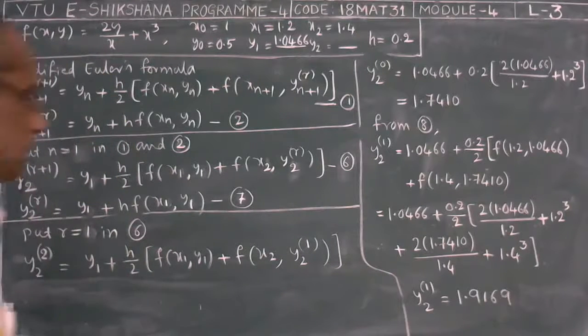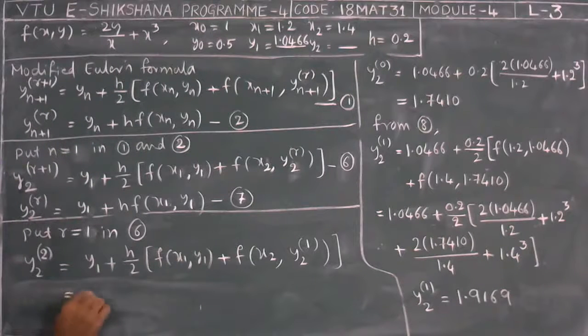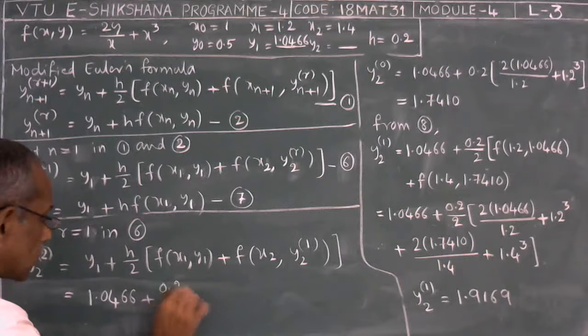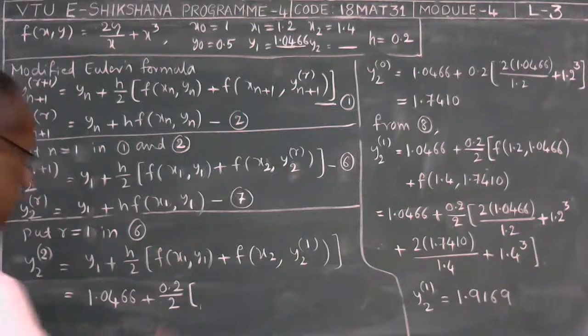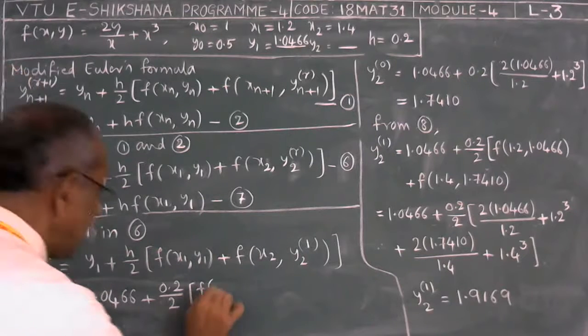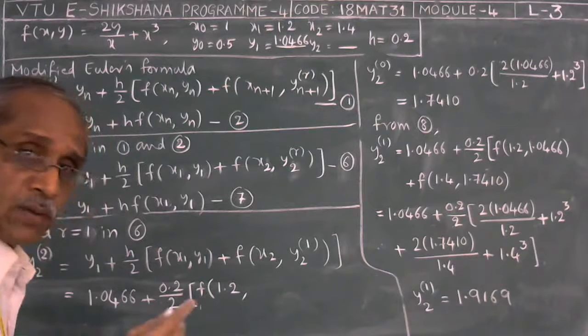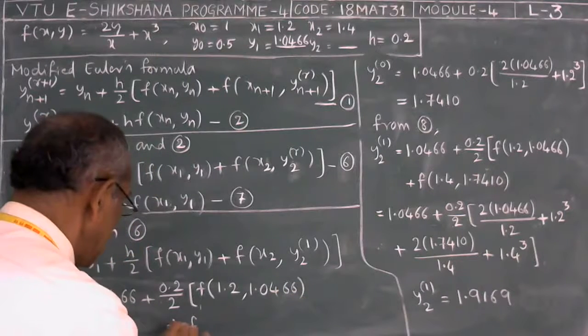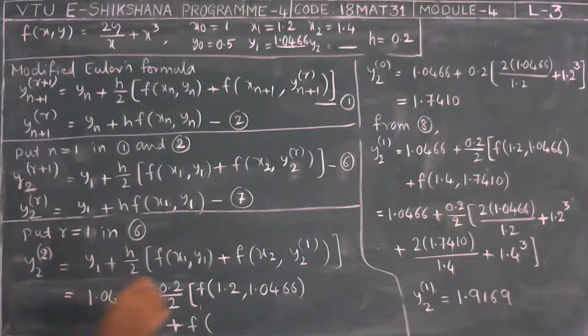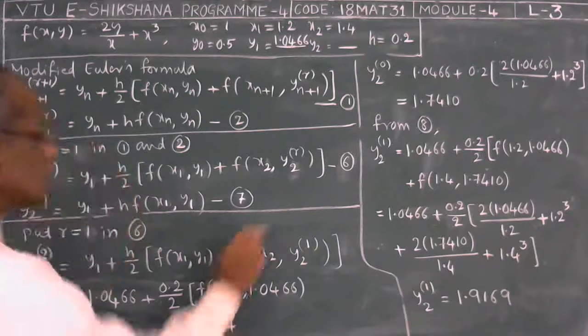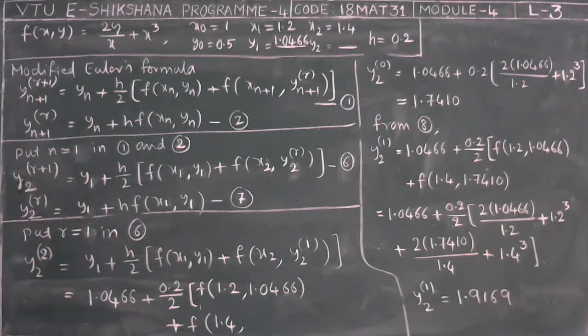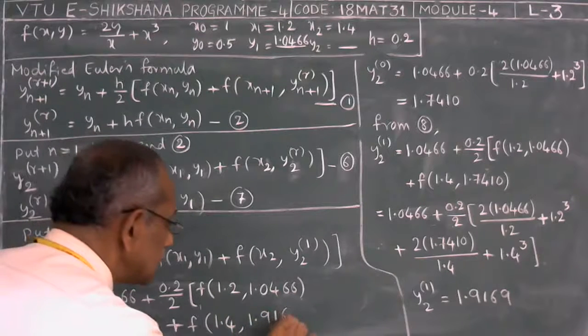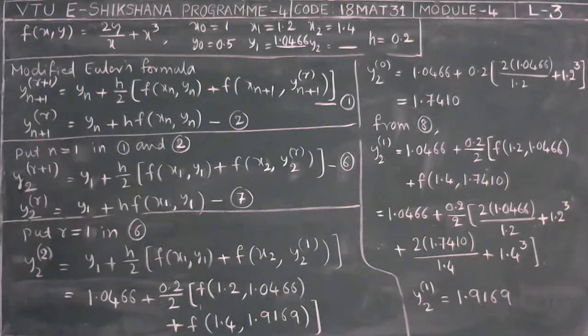Take this value here and compute y2: y1, 1.0466, plus 0.2 divided by 2 into f of 1.2 comma 1.0466 plus f of x2, which is 1.4, comma y2 (1), which is 1.9169. Close the bracket.